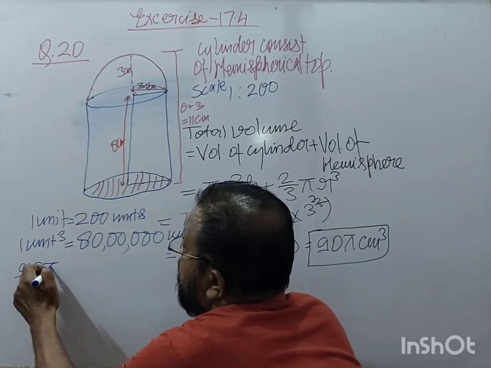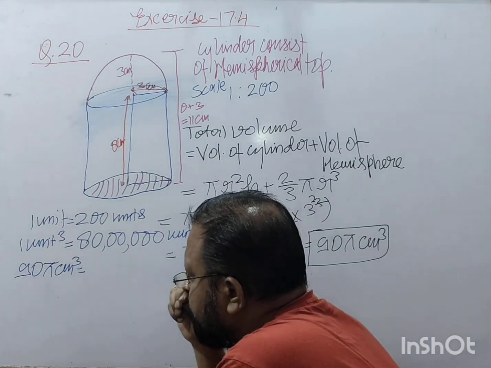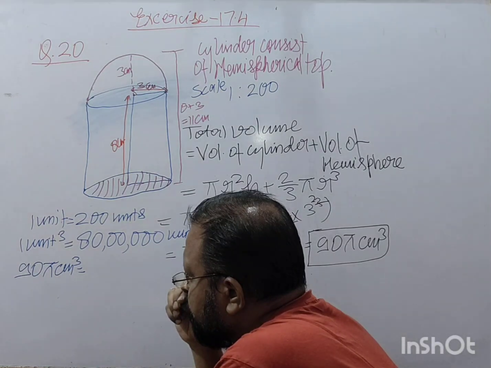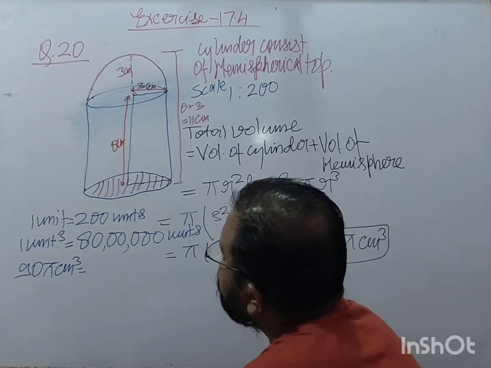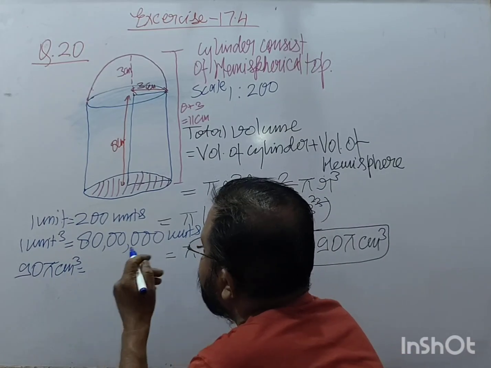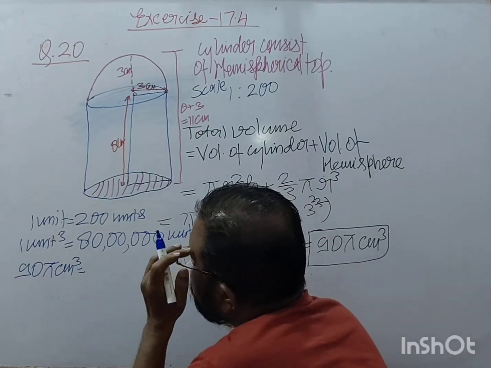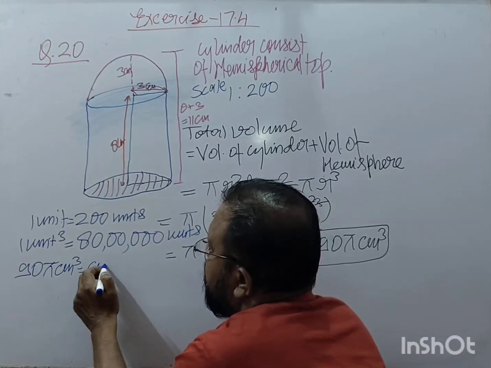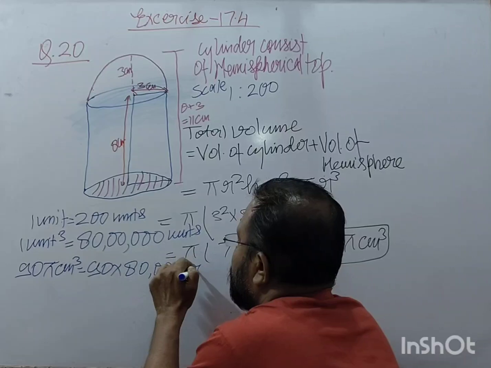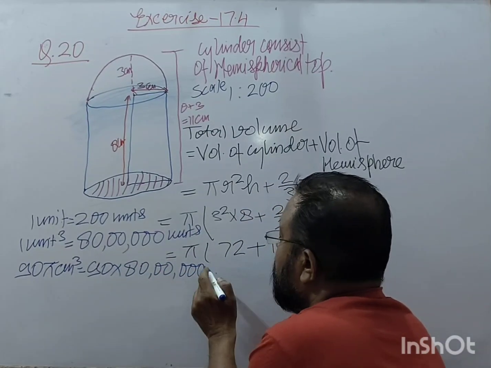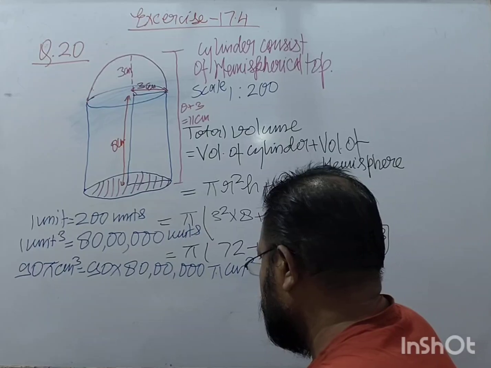So 90 pi centimeter cube is equal to 90 into 80 lakh unit cube, meaning pi centimeter cube, right?